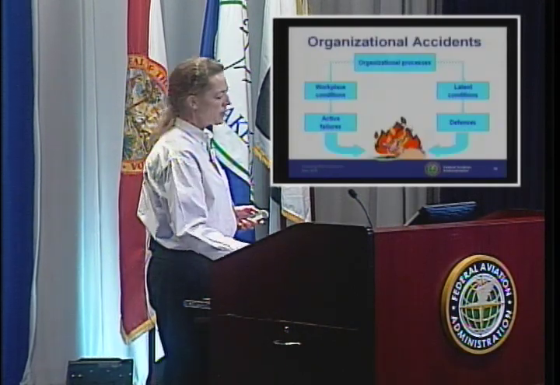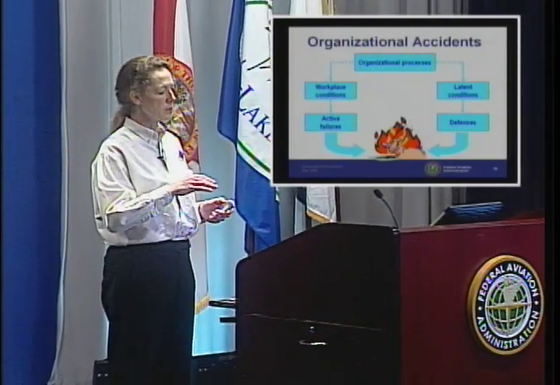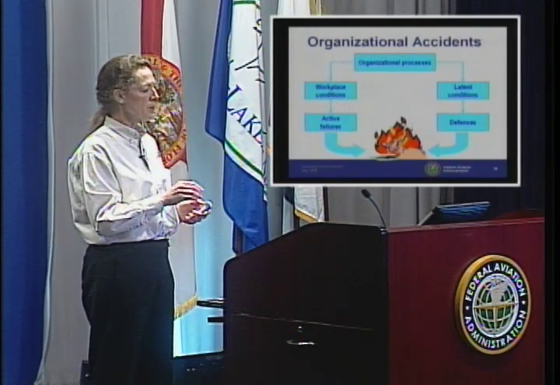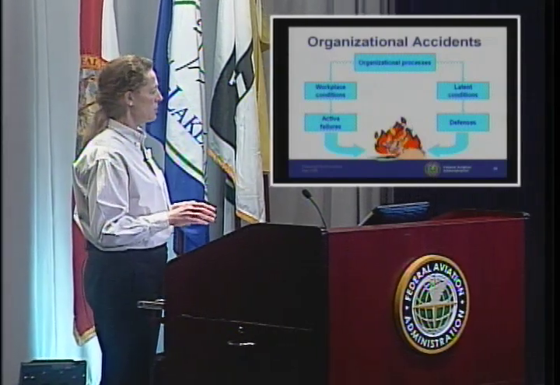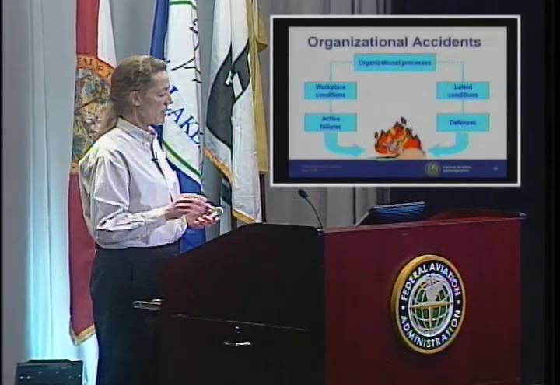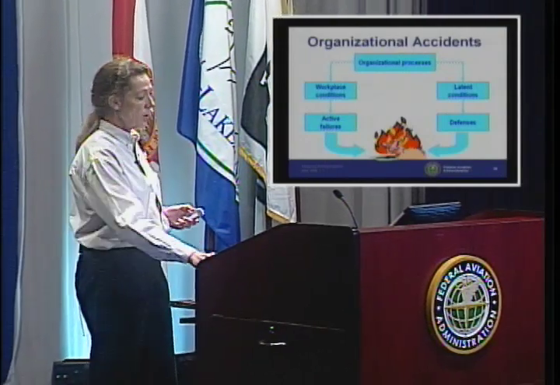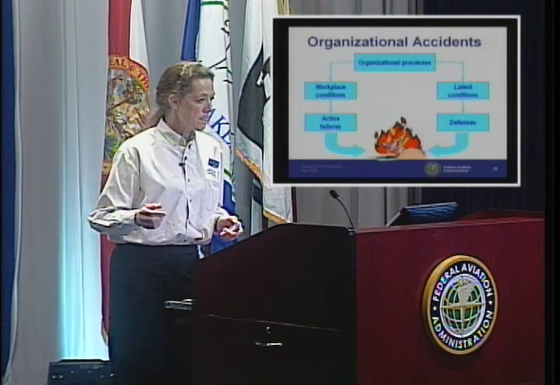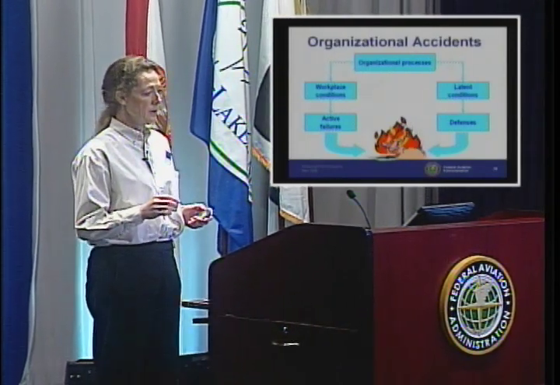So now we look at the organizational accidents. I'm just bringing this in because that points out to you that workplace conditions and active failures, the active failures and latent conditions, have their origins in organizational processes, which means that the human does not operate in a vacuum.